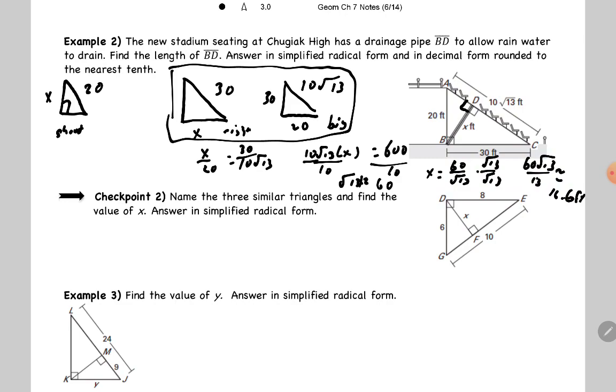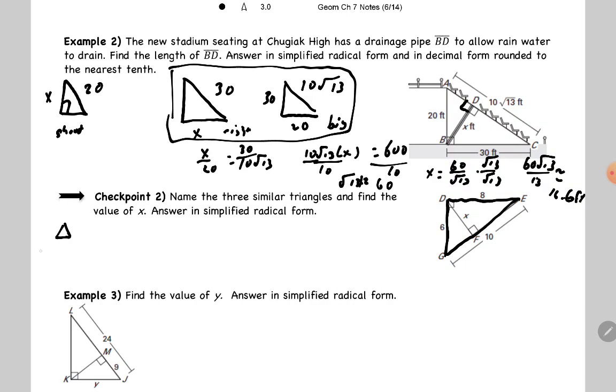Alright, checkpoint 2. Name the three similar triangles and find the value of x. Okay, so I'm going to start off with the big triangle. So the short end, then long end, then hypotenuse.